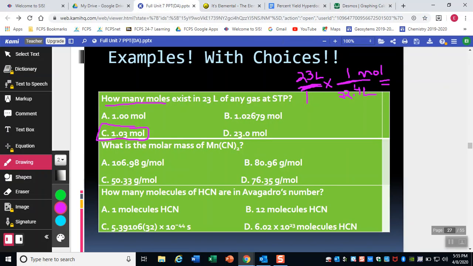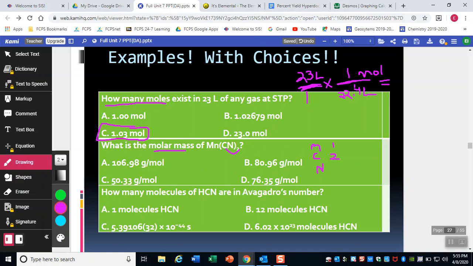Okay, what is the molar mass of manganese cyanide? So let's see. Molar mass, I'm going to look at my periodic table, and I've got manganese, carbon, and nitrogen, right? I have these 3 elements. I have 1 manganese. Now this is in parentheses, so this 2 gets distributed.